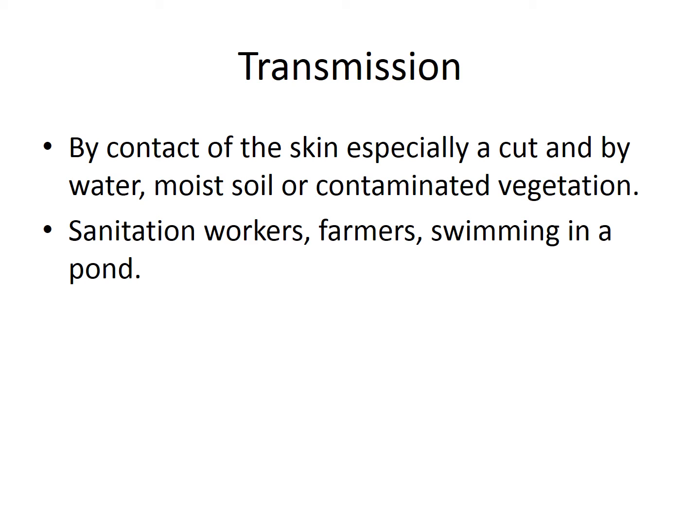And remember, I said before, think about a wild animal that is contaminated running through your garden, and your vegetation or whatever you're growing could be contaminated with this bacteria.